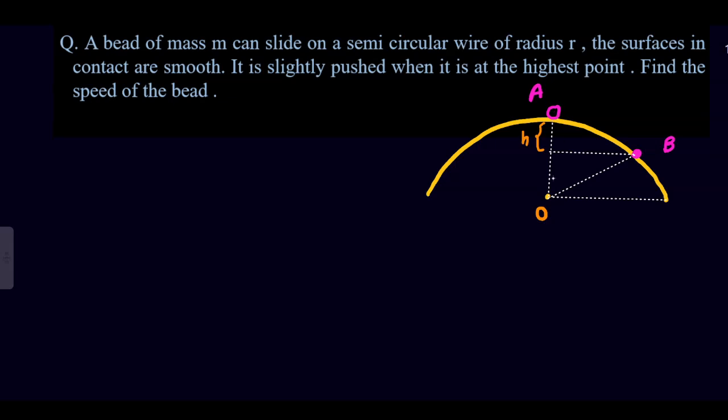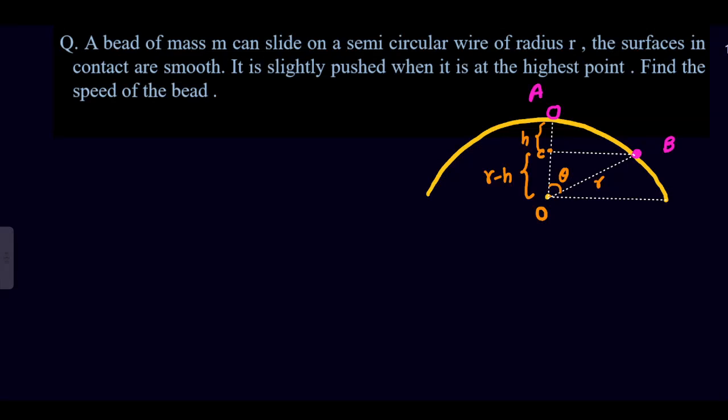O to A is the radius, O to B is also radius. If I call this point C, AC is h. That means OC is R minus h, and OB is also R. I call this angle theta.